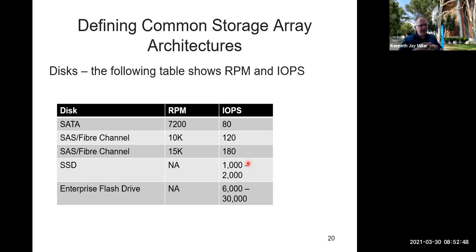If we use a standard SSD, which has no RPM, right? There's no moving parts. Its input output per second is somewhere between 1,000 and 2,000.